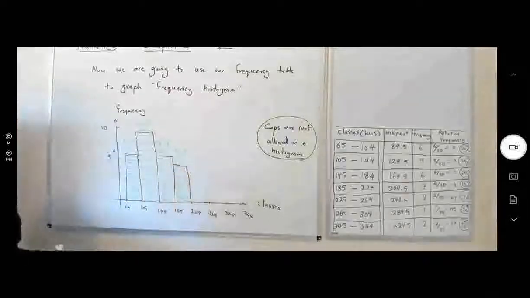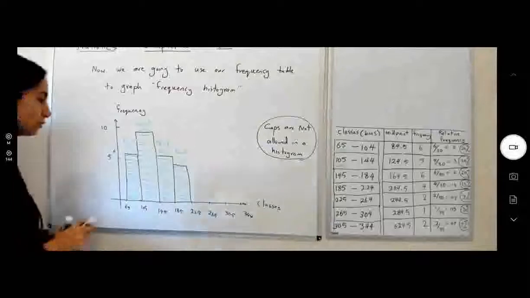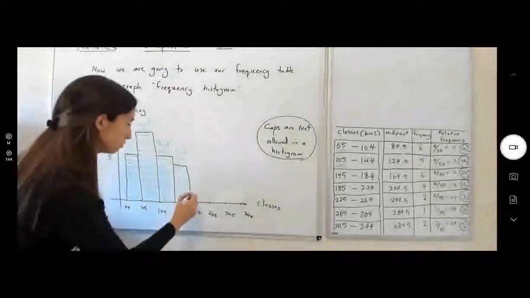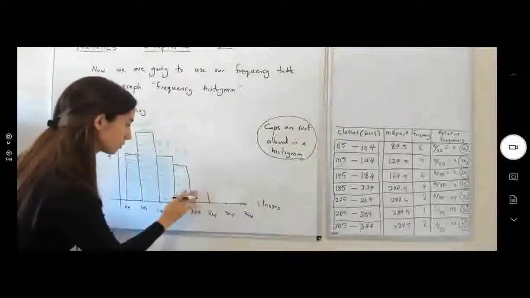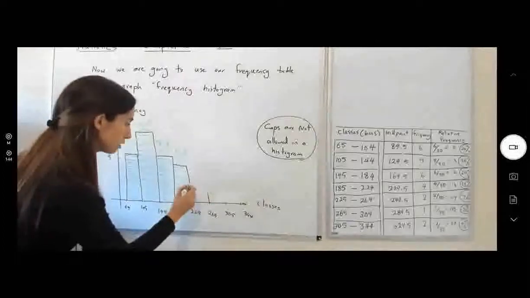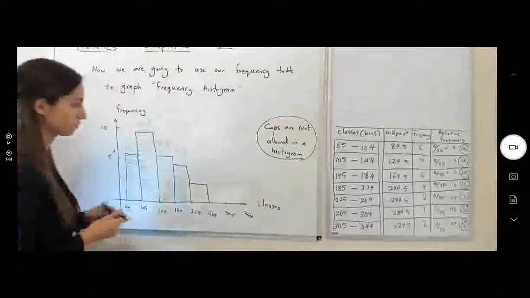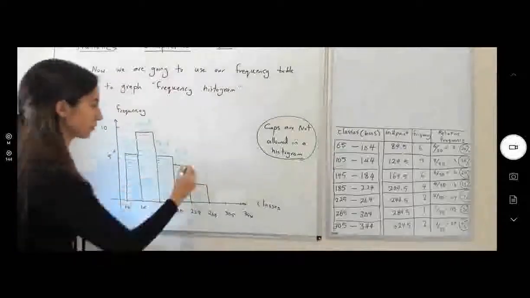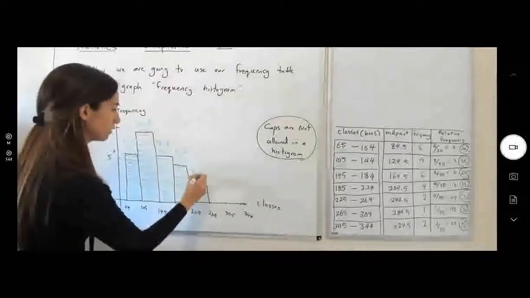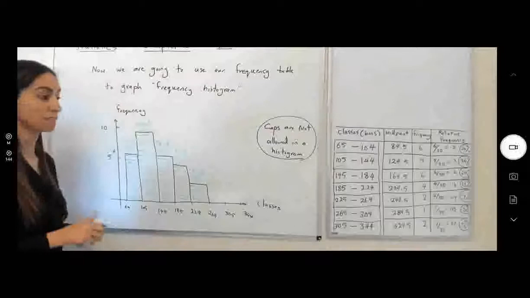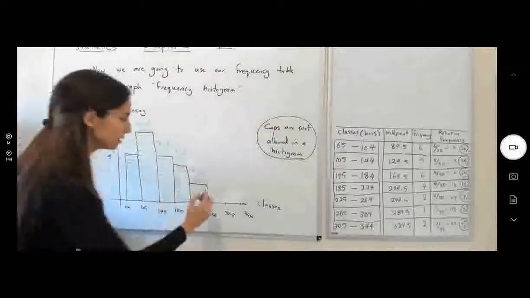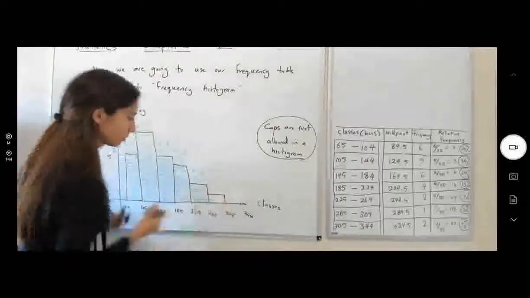My fifth class has frequency 2. Let's just move this a little bit further up here. This is my fifth class. My sixth class has frequency just 1. There we go.